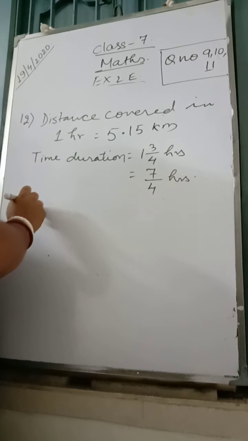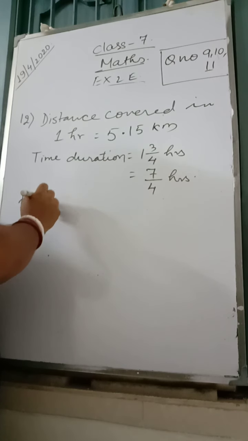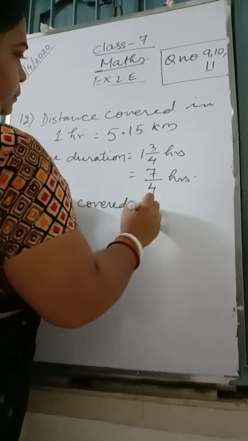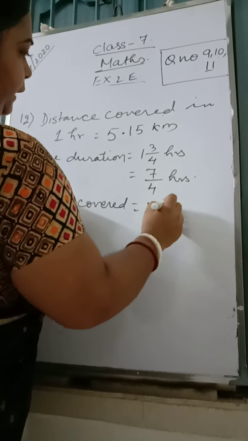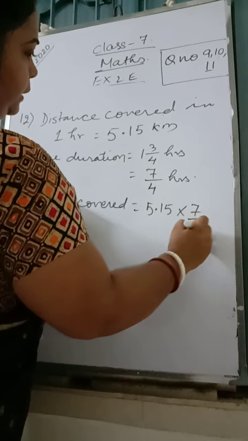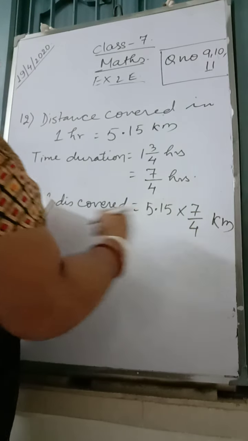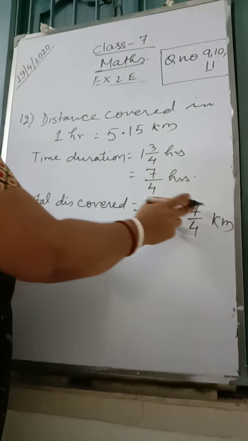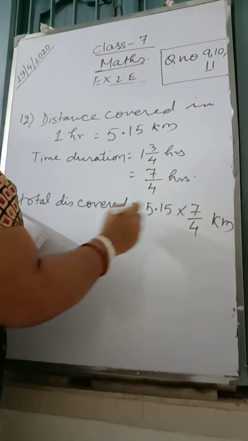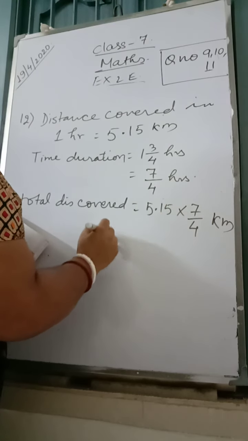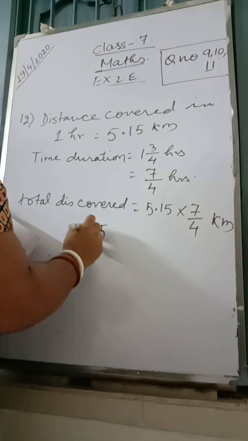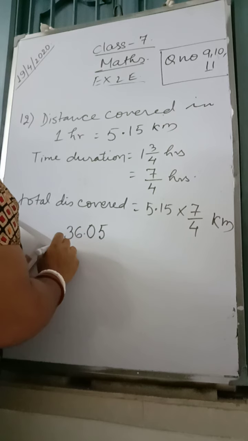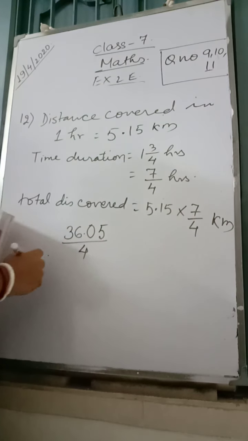So total distance covered is 5.15 into 7 by 4 kilometers. Now what I am going to do? I am going to multiply these two first. 7 5s are 35, 7 1s are 7 and 3 is 10, 7 5s are 35 and 1 is 36, decimal here, then divided by 4.